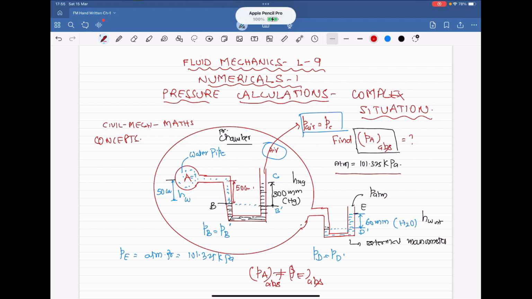Now let's make certain assumptions. Pressure in the horizontal plane is the same. That means pressure at B is the same as pressure at B dash.